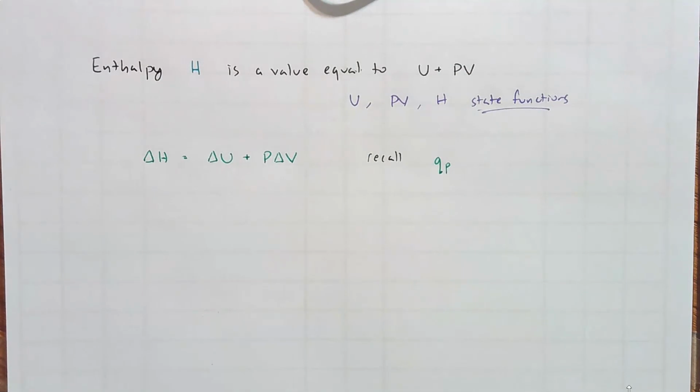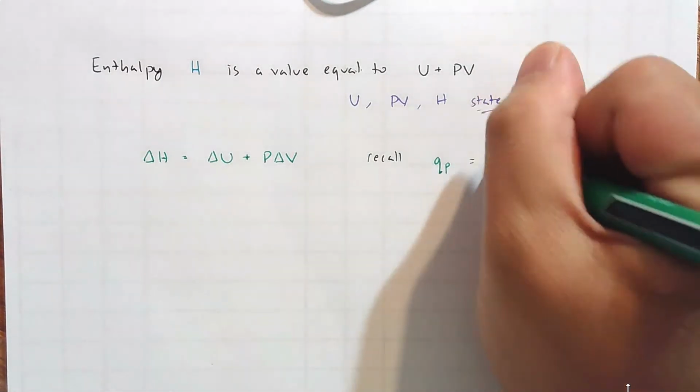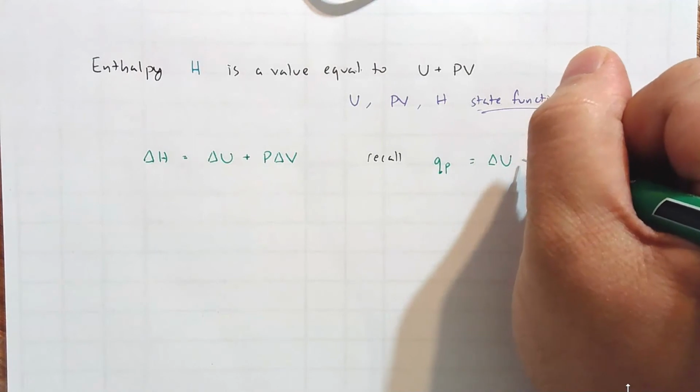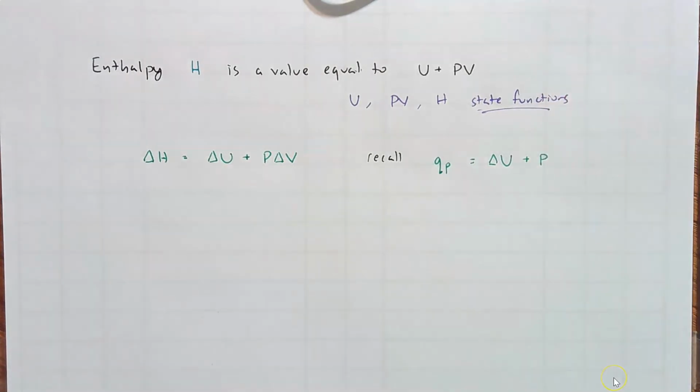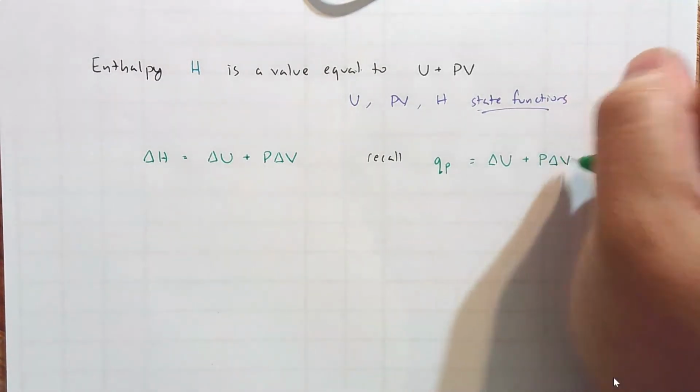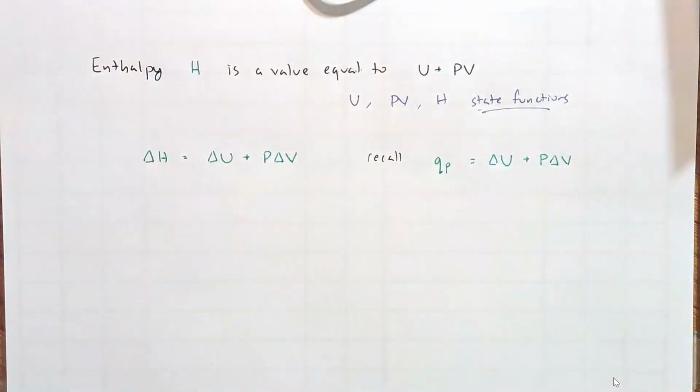The heat at constant pressure equals delta U plus P delta V.